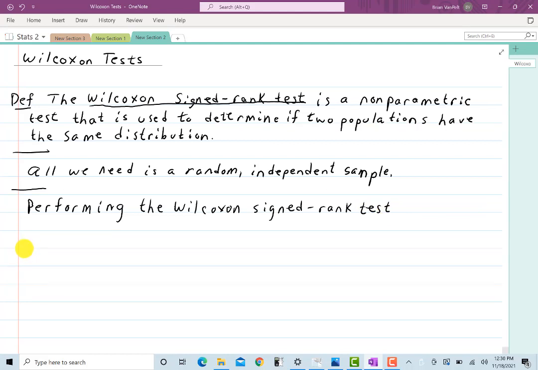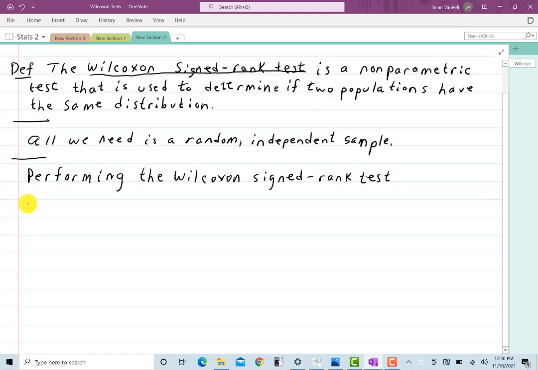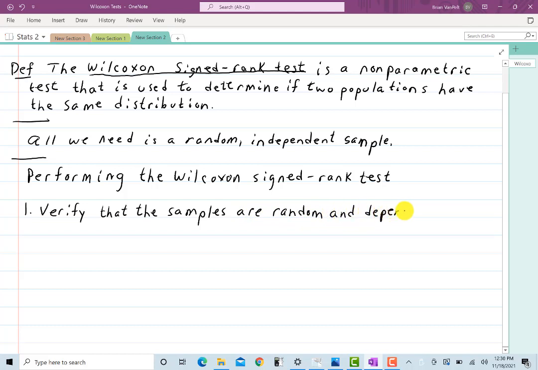What are those steps? 1, verify that the samples are random and dependent.